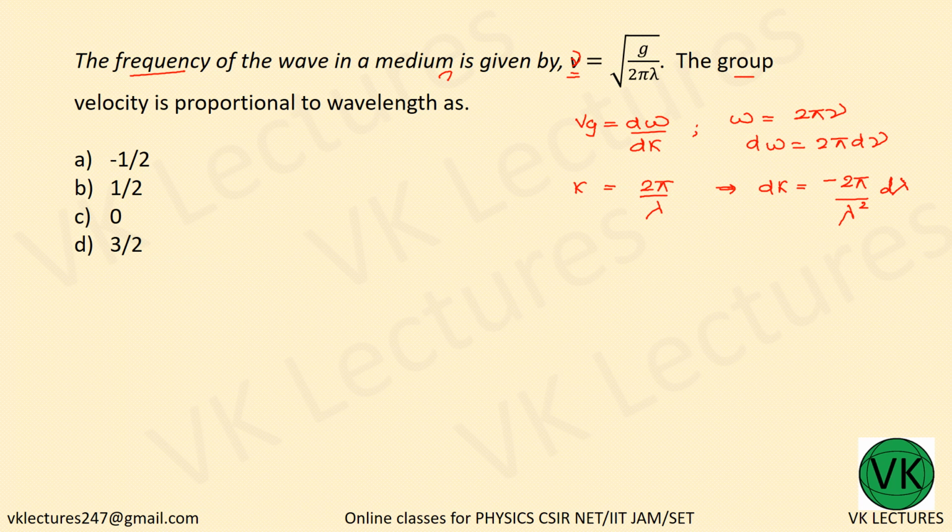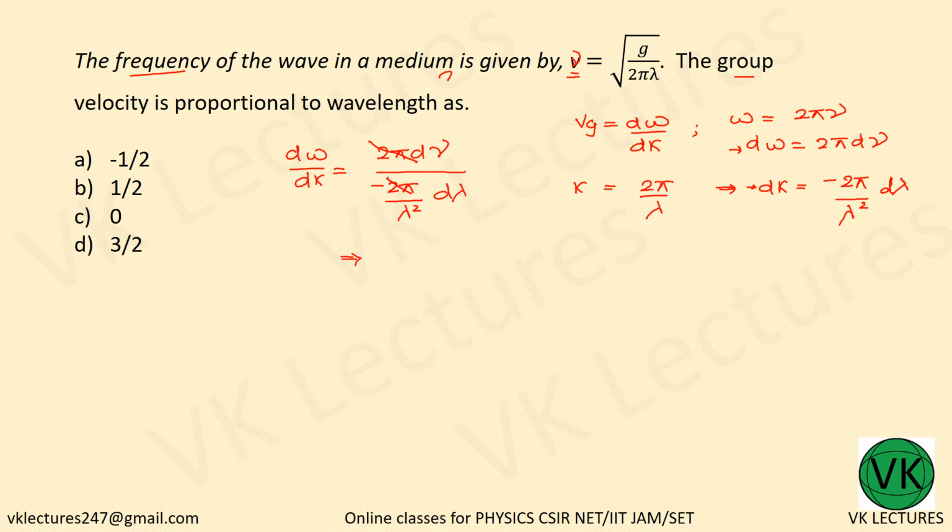So now we need d omega by dk. So d omega by dk is equal to 2 pi d nu divided by minus 2 pi by lambda squared into d lambda. This lambda you can put in the numerator, and these 2 pi and 2 pi get cancelled.